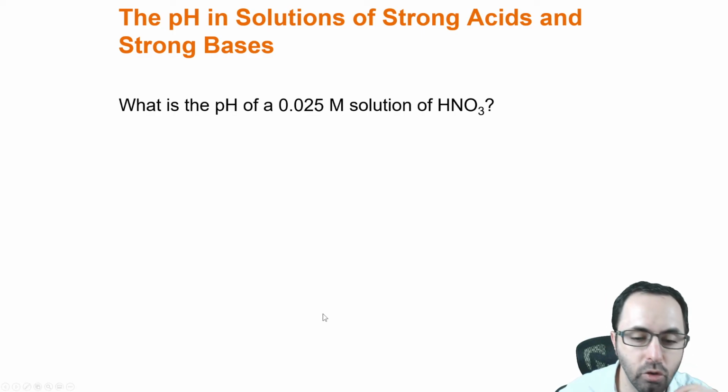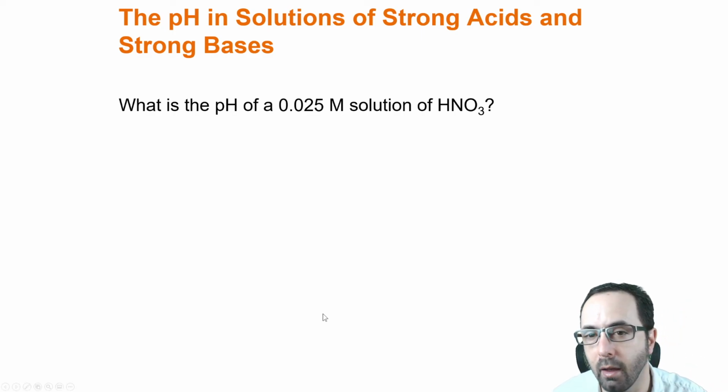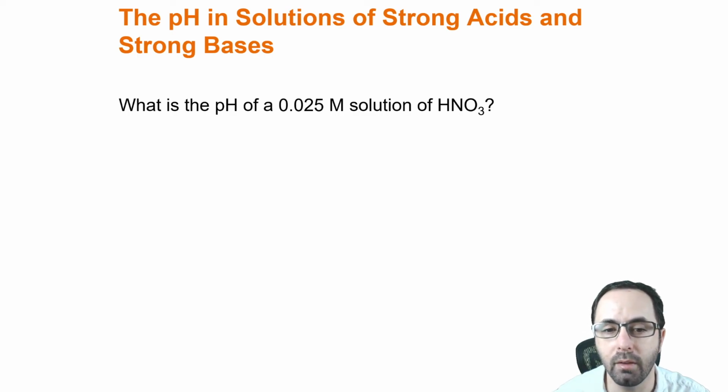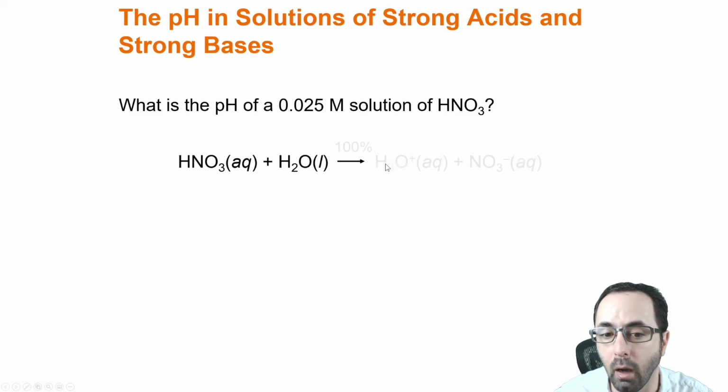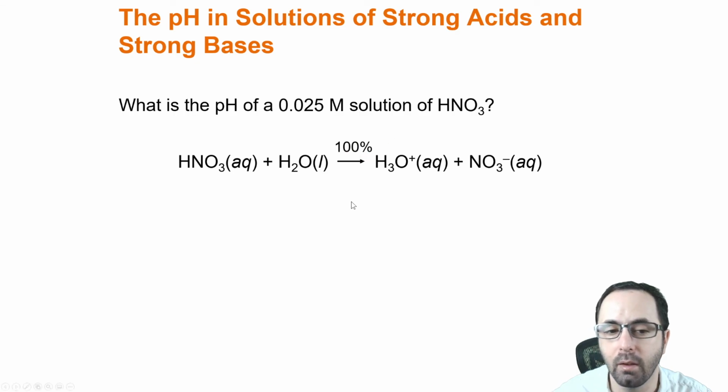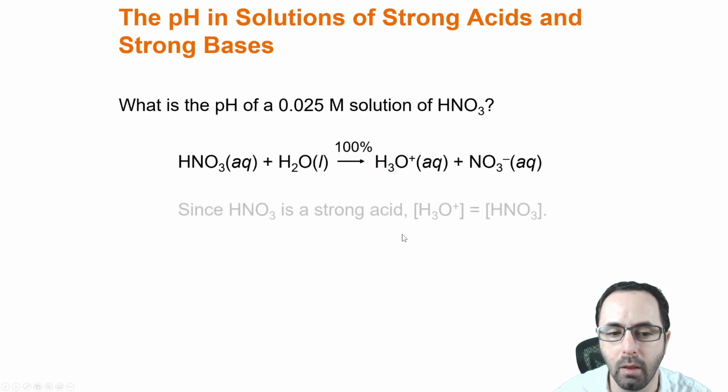Finally, you should, from previous classes, know how to calculate the pH of strong acids or bases. We did some review on this, so we did problems like this previously. If we have HNO3 at a concentration of 0.025, this is a strong acid, so it 100% dissociates. So whatever concentration of HNO3 you had, you're going to have that concentration of hydronium.